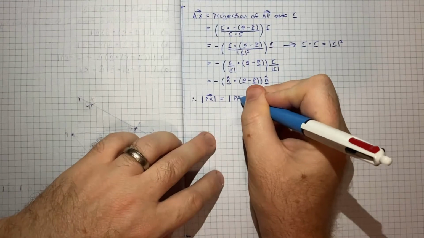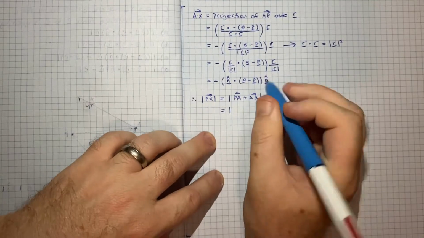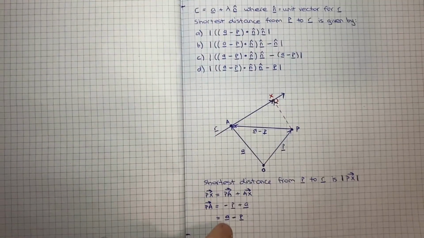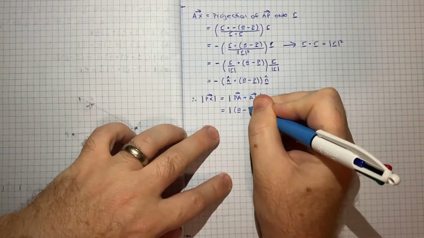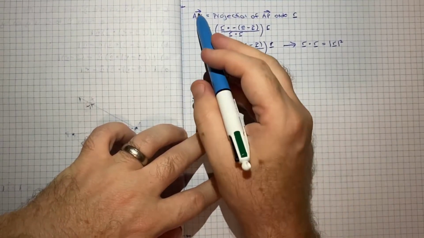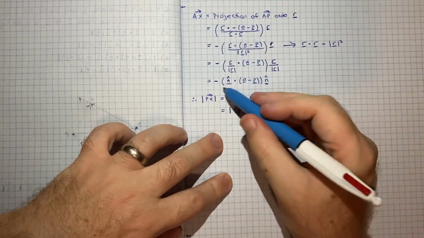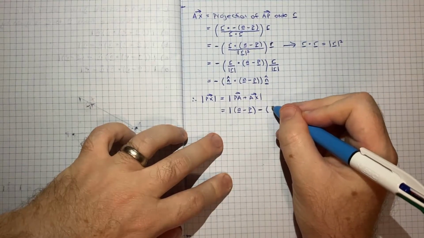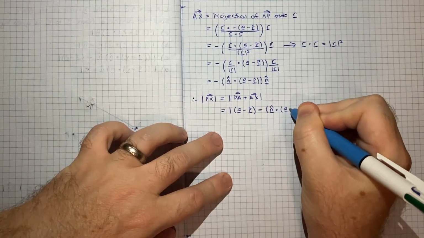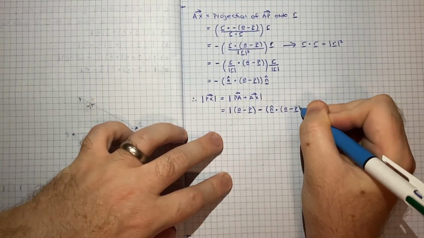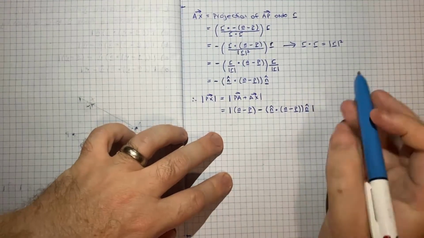And PA vector we saw was A vector minus P vector, and AX vector we've just worked out as minus n hat vector dot A vector minus P vector, bracket n hat vector. So it's that magnitude.